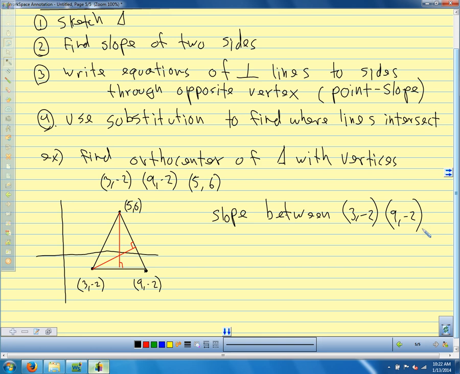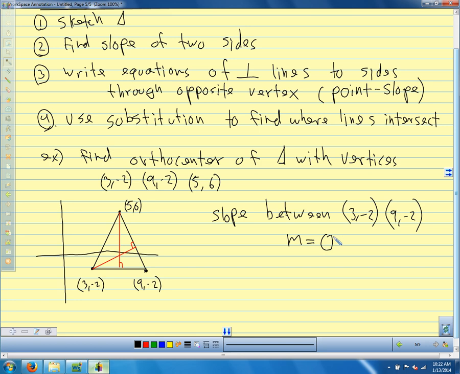What's the slope of the line if it doesn't go up at all? Our slope is rise over run. What's the rise of this line? 0. There's no rise. The slope is 0.